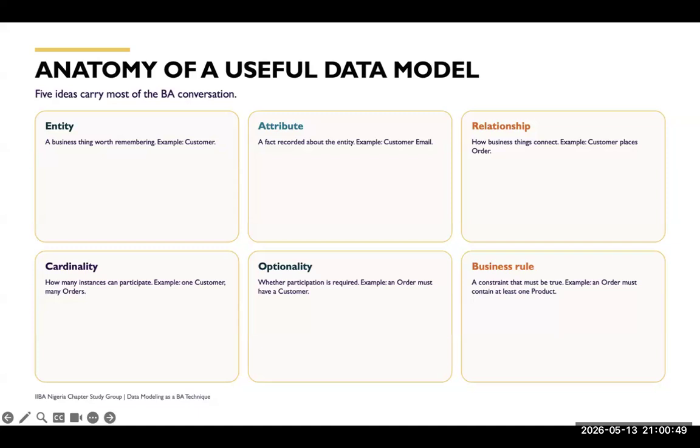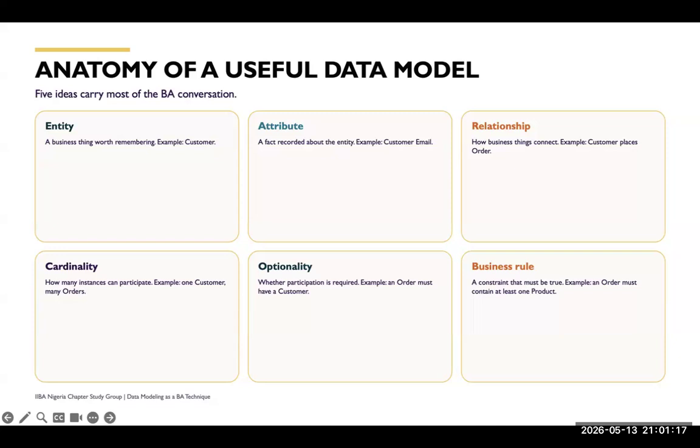An attribute is a fact recorded about the entity. So where we have someone say customer details, the attributes would be those facts recorded about the entity. Hope that's clear. So here we have an example: the customer, and then the customer email, the customer ID, things like that.